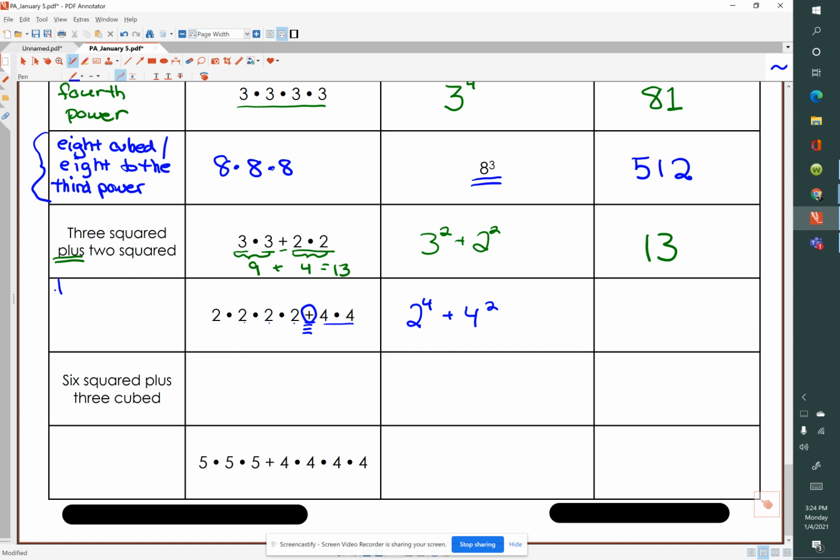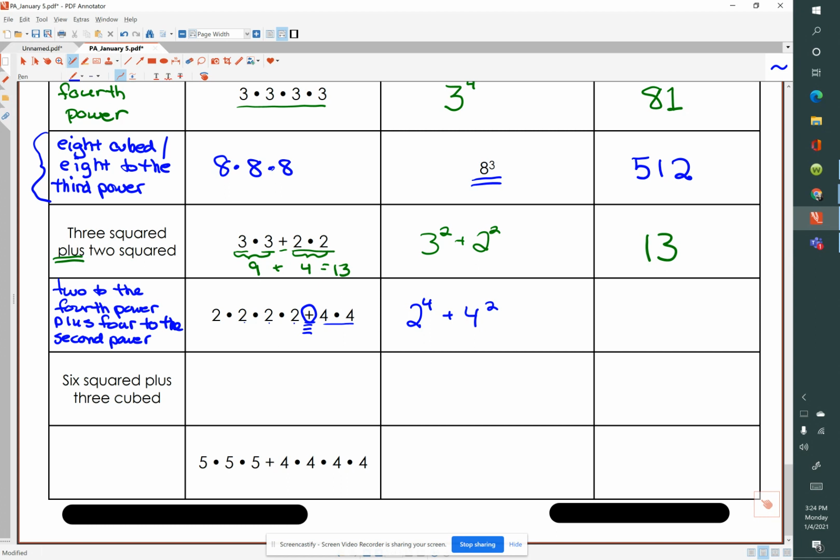So let's write that out. 2 to the 4th power plus 4, F-O-U-R, to the 2nd power. And you could also say 4 squared.